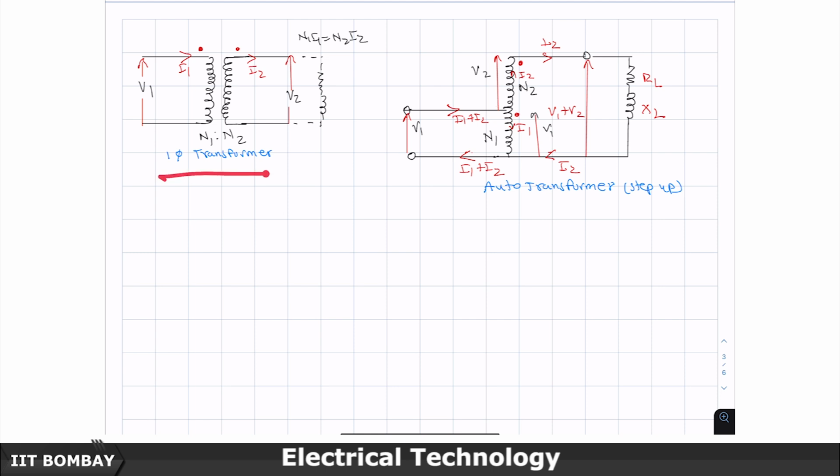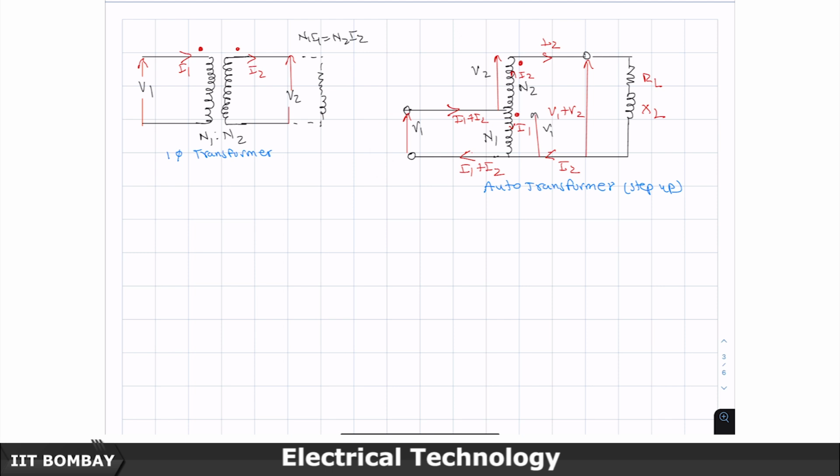So, I have this single phase transformer, which I have now connected. This is the V1, this is the V2. So, the V1 and V2 are connected in an additive way here, and this is made the output of the transformer, and this is made the input of the transformer.